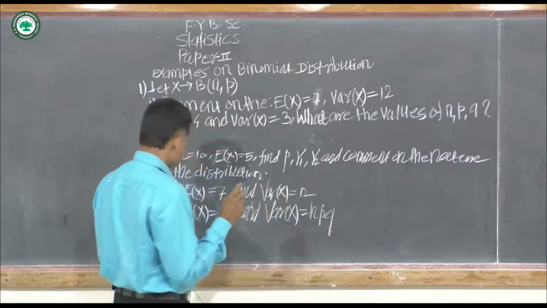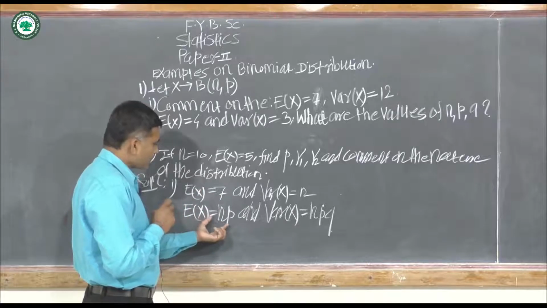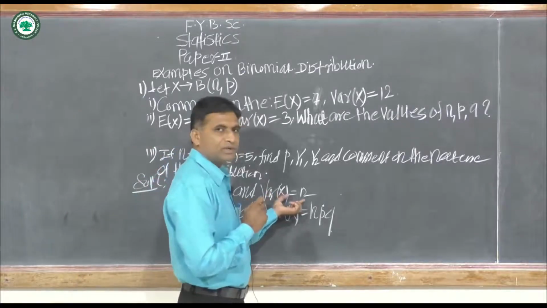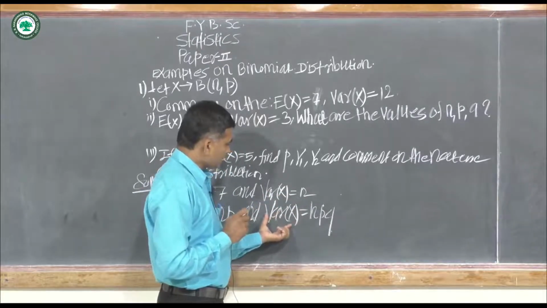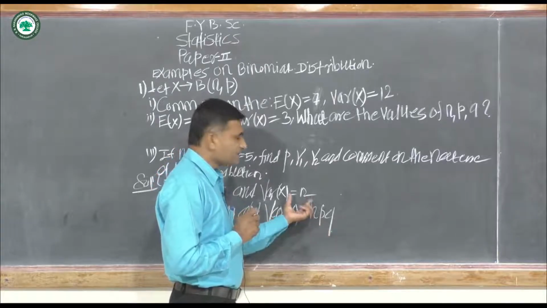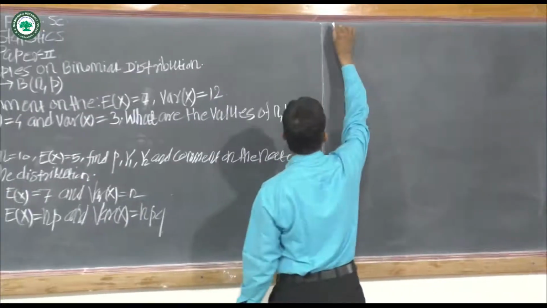The expected value of X equal to 7, therefore np is equal to 7, and variance of X is equal to 12, therefore npq is equal to 12.